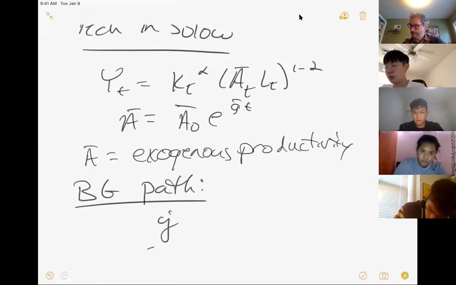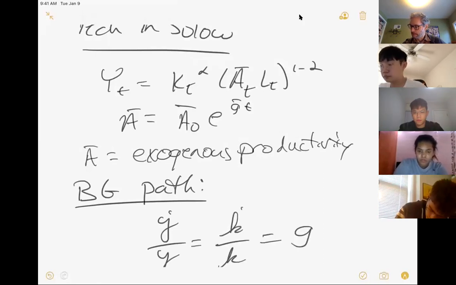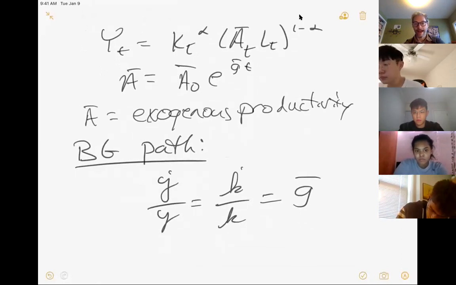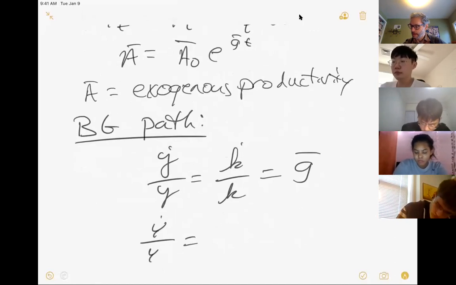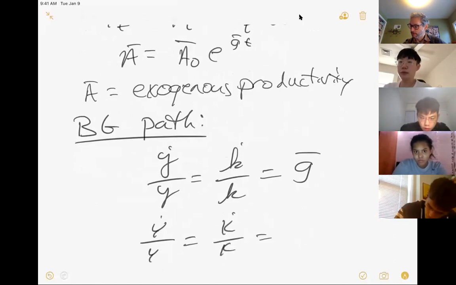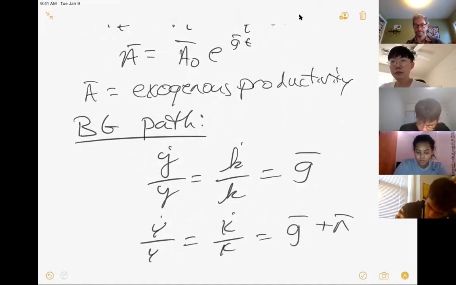And along this balanced growth path, what's true? That output and per capita capital grow at the rate of g, while the level of output and the level of capital grow at the rate of g plus n.